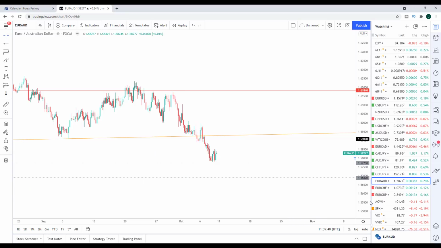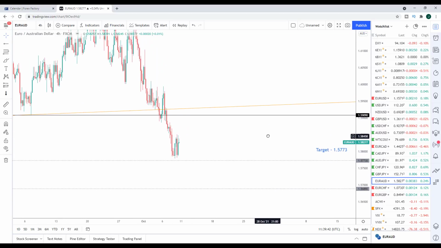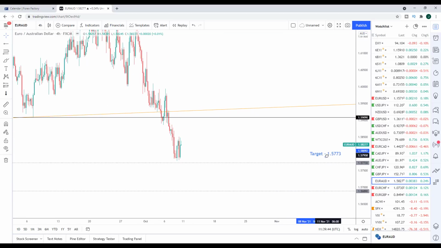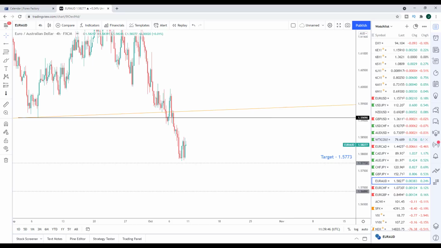So going into next week, any pullback in this market is simply going to be viewed as an opportunity to look for bearish setups, and perhaps we come back and retest the confirmation point of this breakout. And any bearish reversals will be viewed as an opportunity to look for short positions down to the 1.5773, and if we can break through here, down to target 2 at the 1.5689.